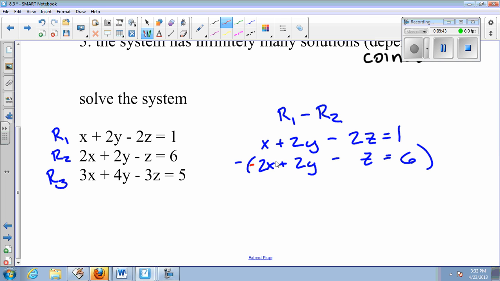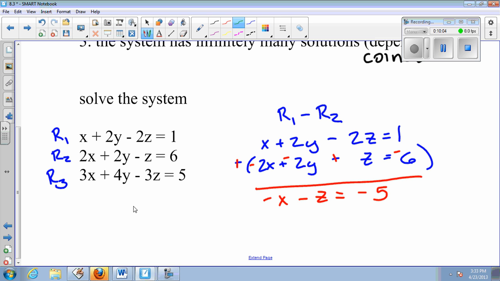We just distribute the negative, so we can just add straight across with its signs. We get negative x. The y's cancel. We get negative z equals negative 5.